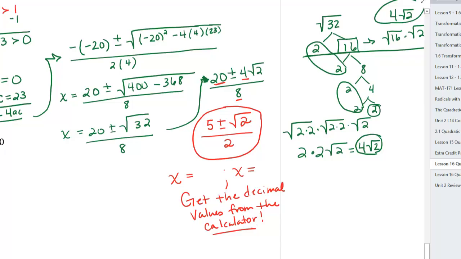Type in 5 plus the square root of 2, hit enter, and then divide by 2, and you should get 3.2. And if you type in 5 minus the square root of 2, hit enter, and then divide by 2, you should get 1.8.